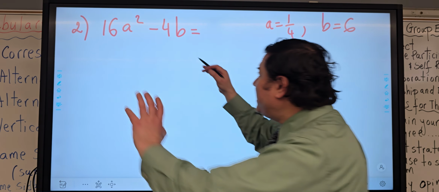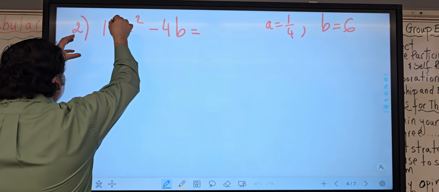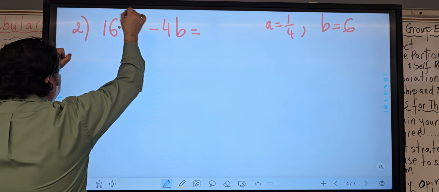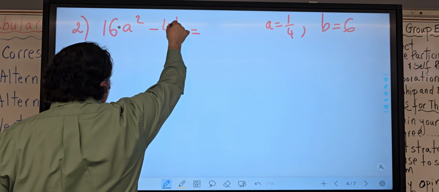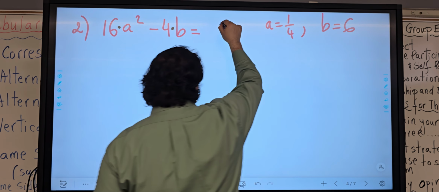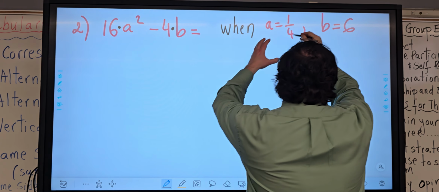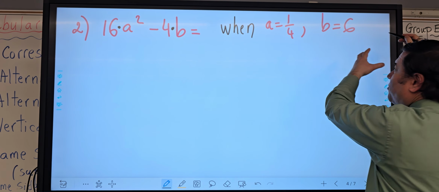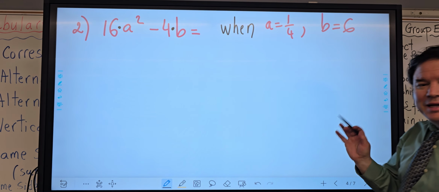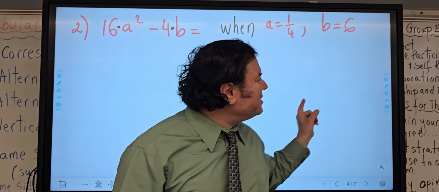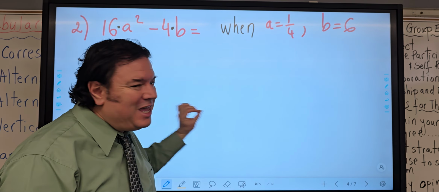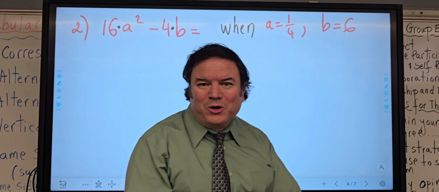And again here we have 16 times a squared minus 4 times b. We are going to evaluate when a equals 1 over 4 and b equals 6. Take a moment here, pause this video, and see if you can solve this problem on your own.